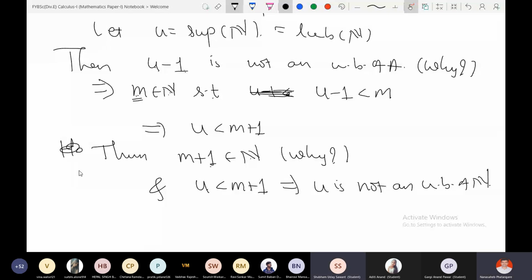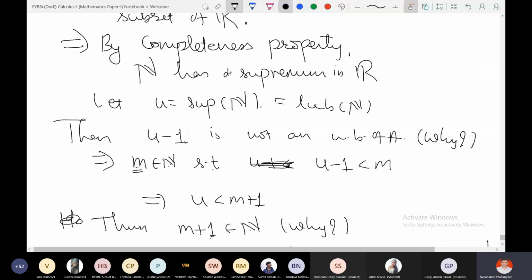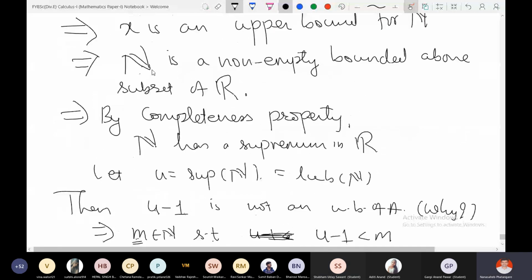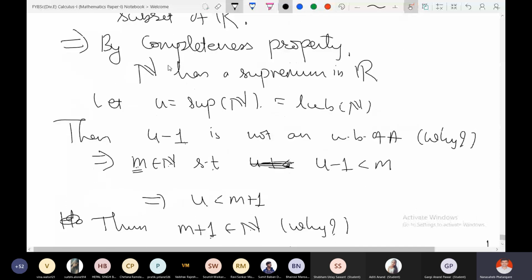We started by considering u as the upper bound. Right. So we said, because of this assumption, suppose there is no natural number greater than x, then we found u is a supremum, or u is an upper bound.